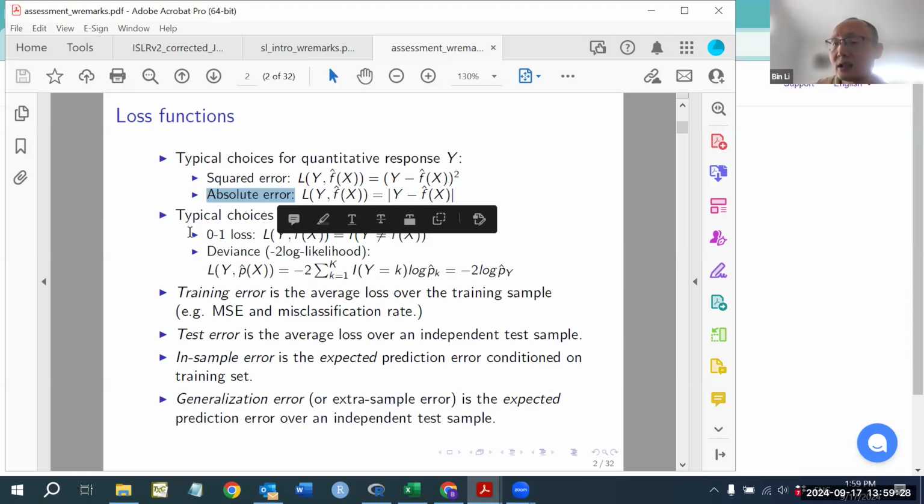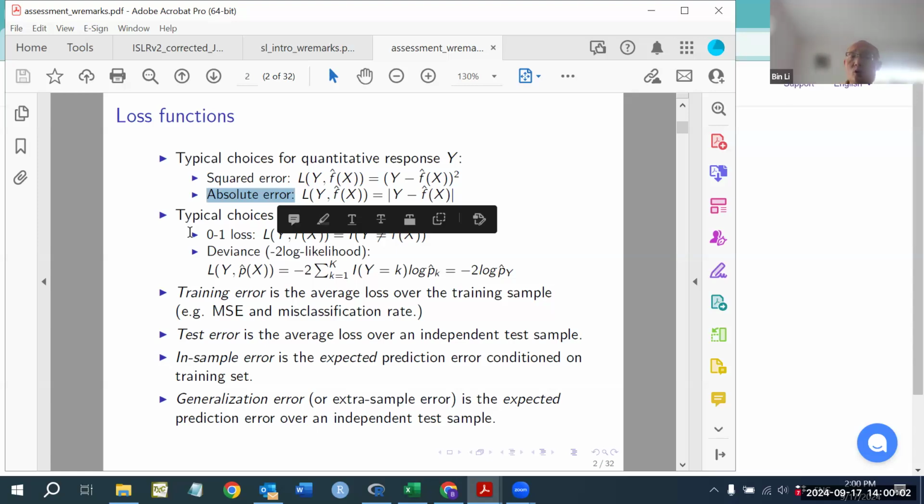Let's say most of the errors are within -1 and 1, and we have one outlier with a residual equal to 1,000. If you square it, that will be 1 million, which is 1,000 times larger than the absolute loss. You see that? So different loss functions have different properties.